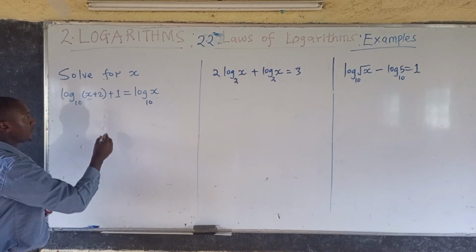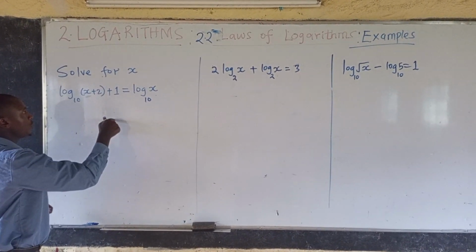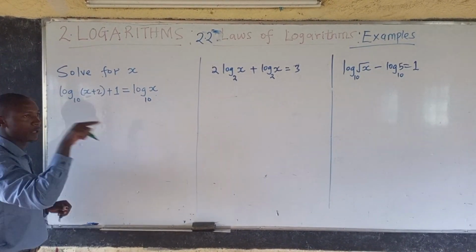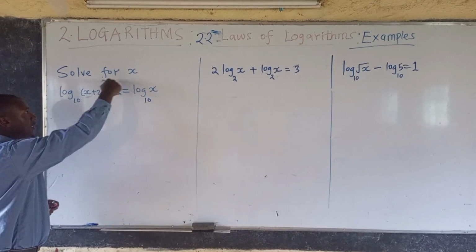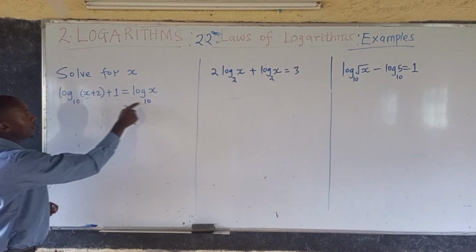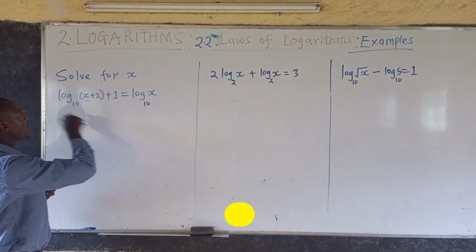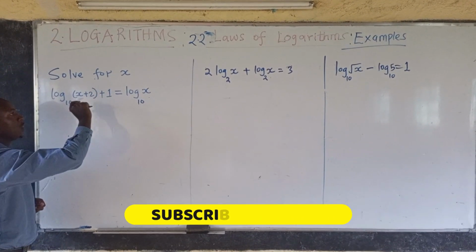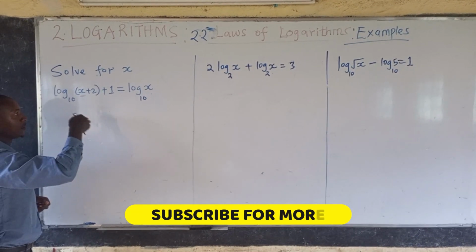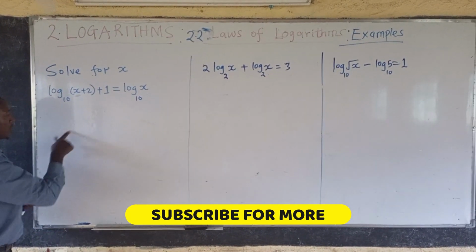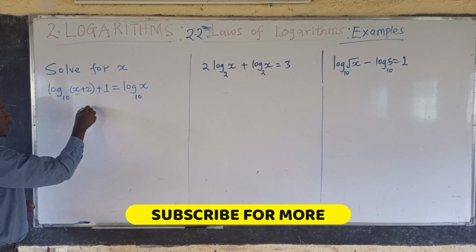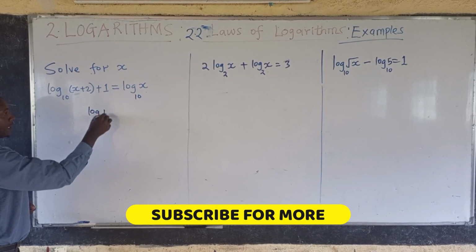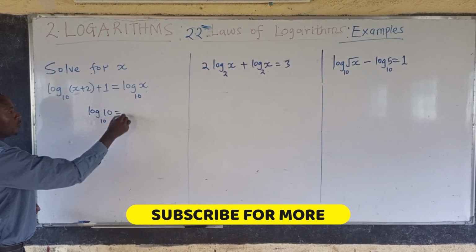There is something we know: if we have log to base a of a, we have 1. Since all the logs provided here are to base 10, we can make this log of 10 to base 10, which is equal to 1.